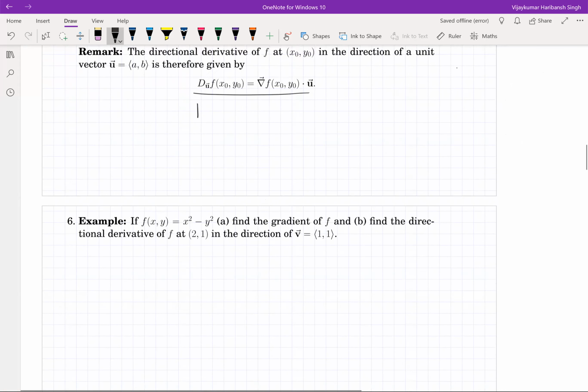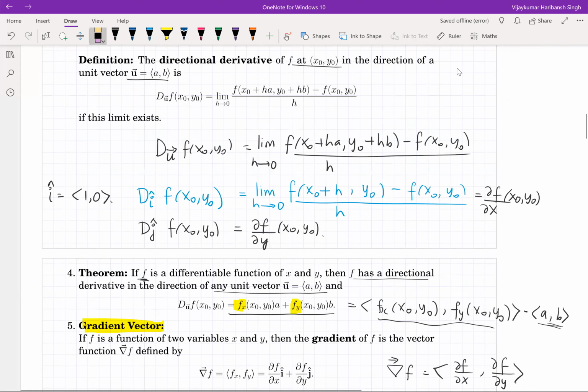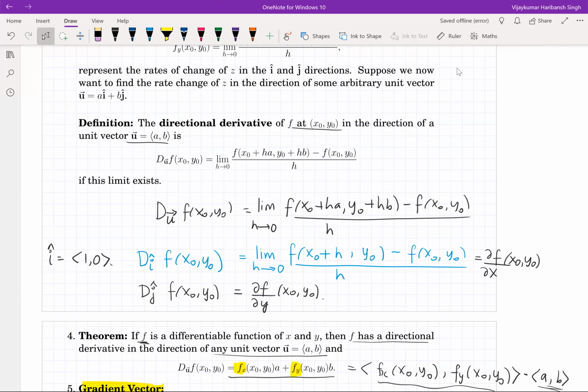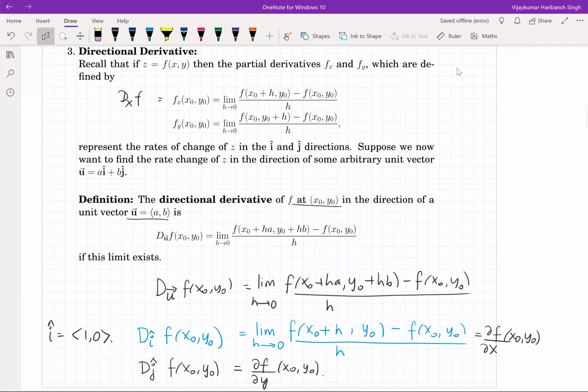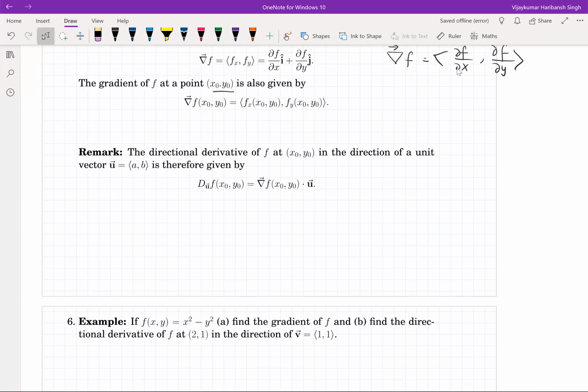So it's meaningful to actually see a very quick proof of this. So let's see a quick proof of this. So why is this the case? So notice the following. Let me write down the proof.